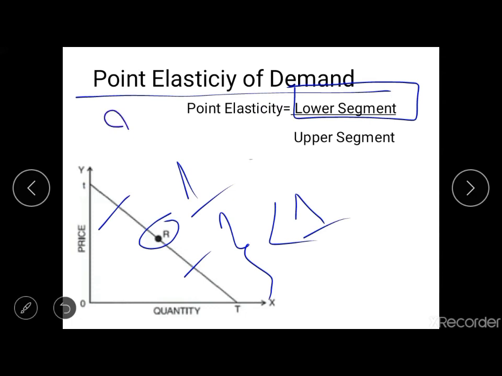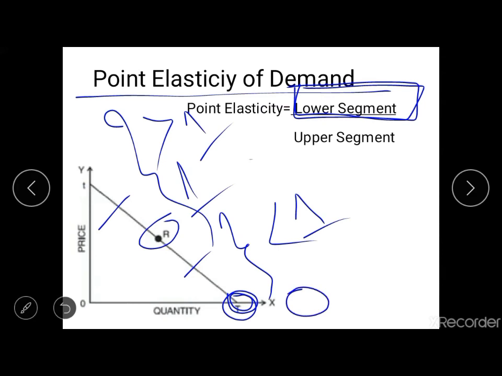And as we move upwards, the point elasticity would be greater than 1, because the lower segment would be greater than the upper segment. At the end point, at capital T, the point elasticity would be 0, because at this point there is no lower segment. And at small t, the point elasticity would be infinity, because there is no upper segment. The upper segment would be 0, and anything divided by 0 gives infinity.